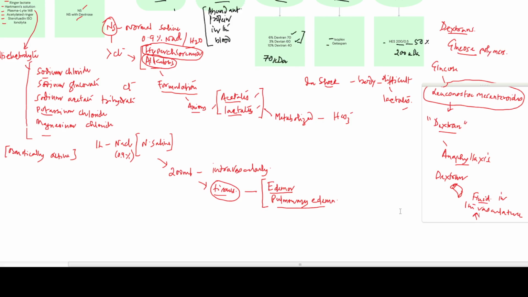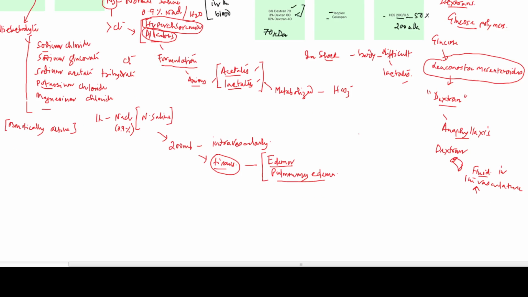So if the fluid in the vasculature increases, what could happen? It could dilute the blood. Now, if it dilutes the blood, it means that it could dilute the clotting factors, right? Clotting factors would get diluted. As a result, there is a risk of bleeding.